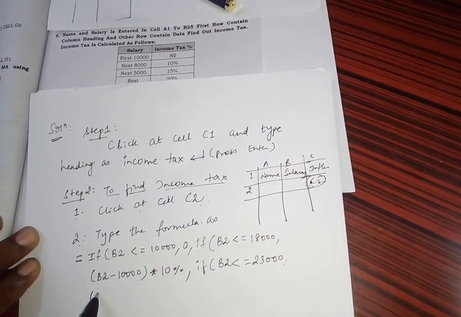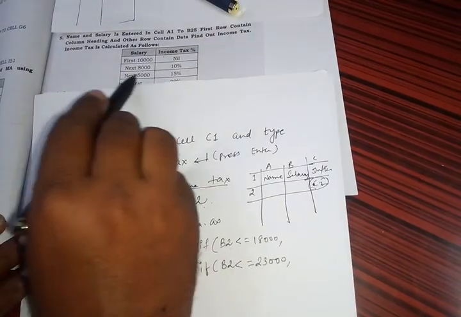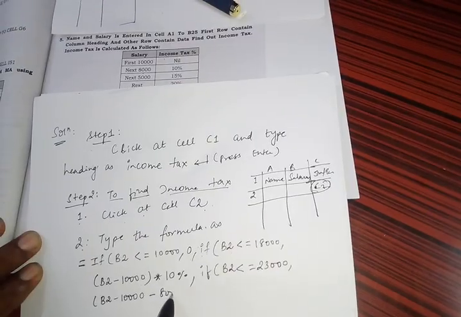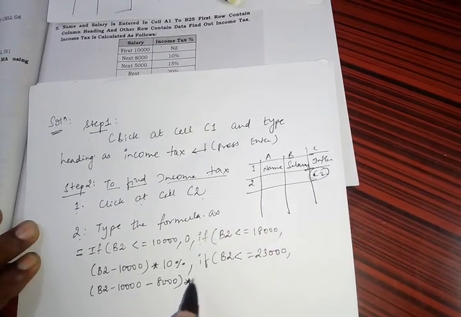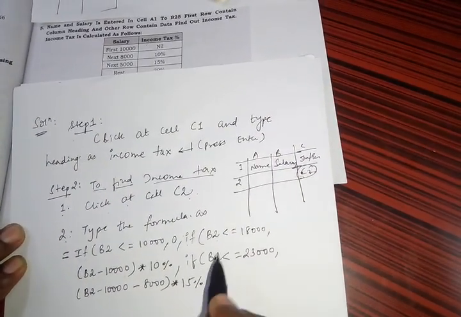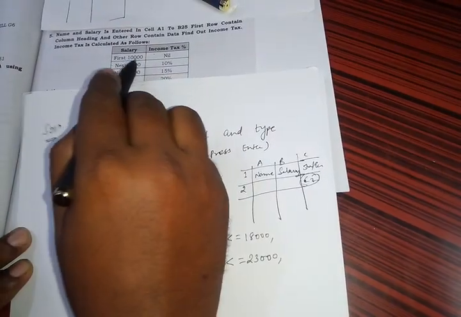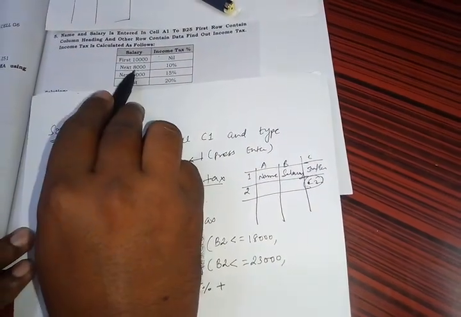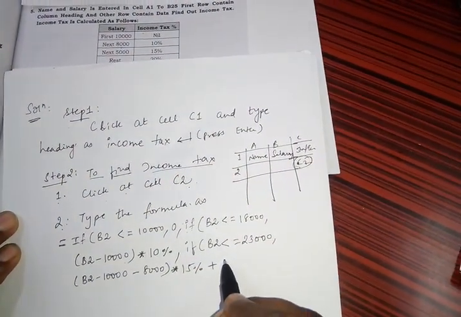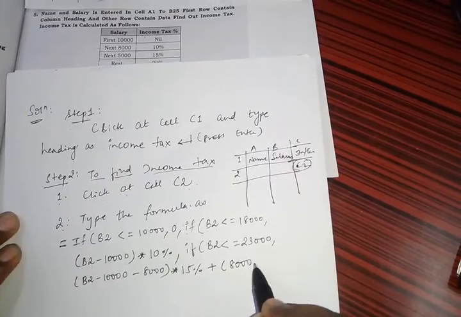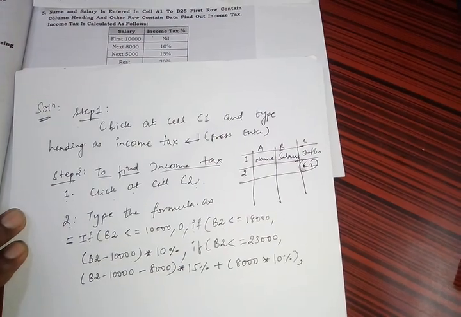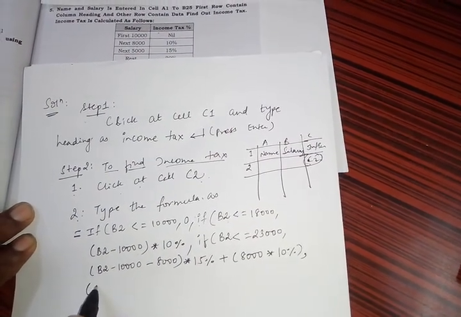So just write simply B2 minus 10,000 minus 8,000 of how much? 15%, plus. We have subtracted all the amount, but for the first 10,000 it is nil, no doubt, and for the remaining 8,000 we are going to charge a tax of 10%, comma, and now lastly, this is the last step.